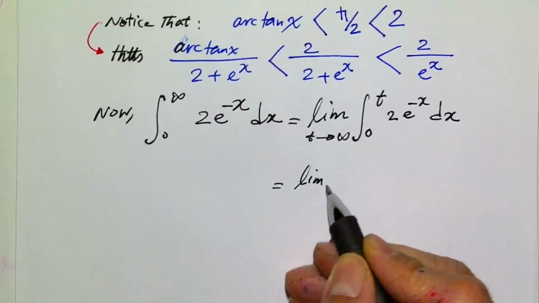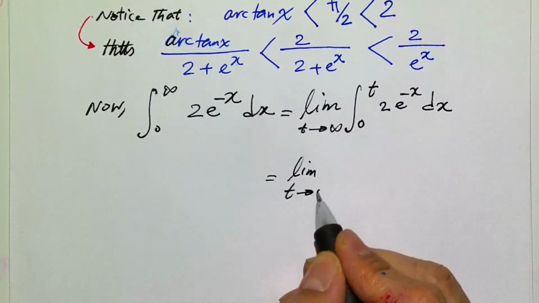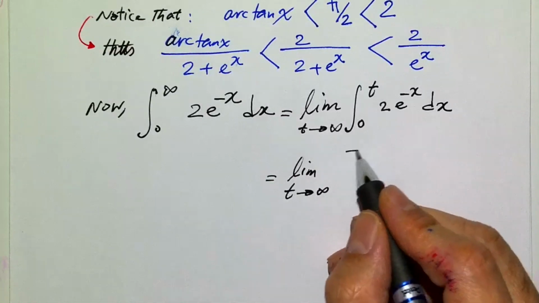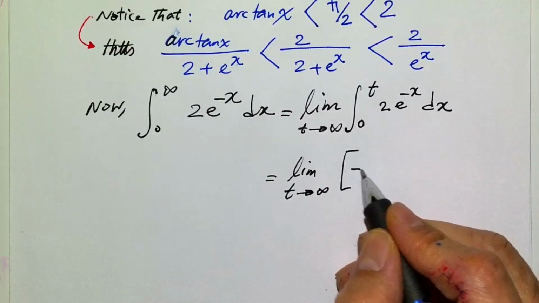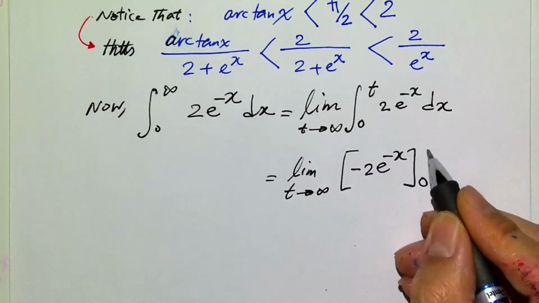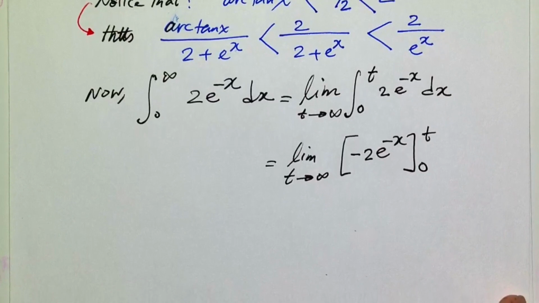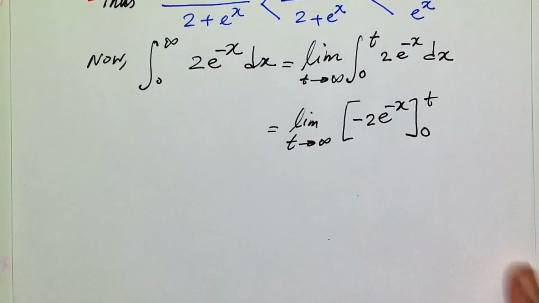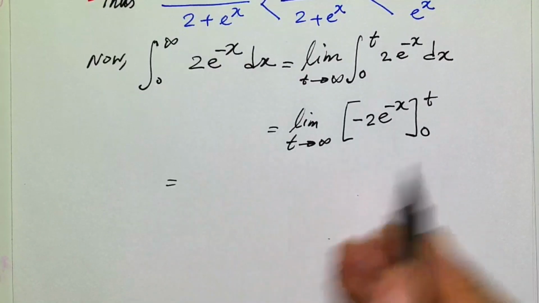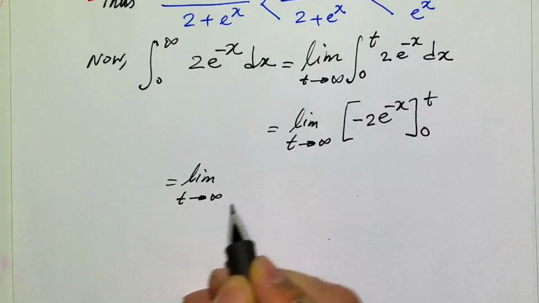We can simply write the limit as t goes to infinity of minus 2 e to the minus x from 0 to t. Okay, all right. So now we can evaluate this expression and then take the limit of that result.